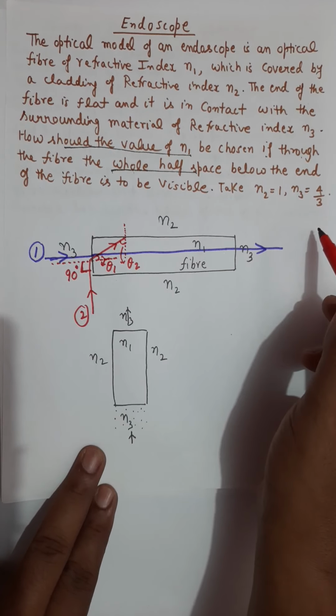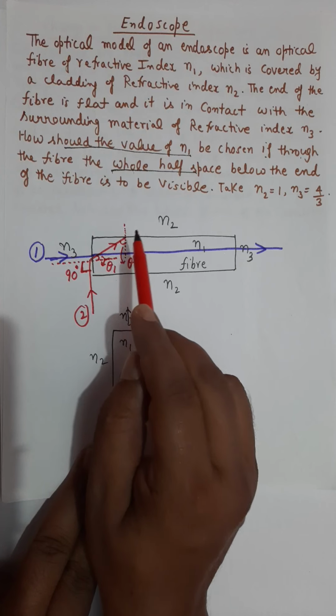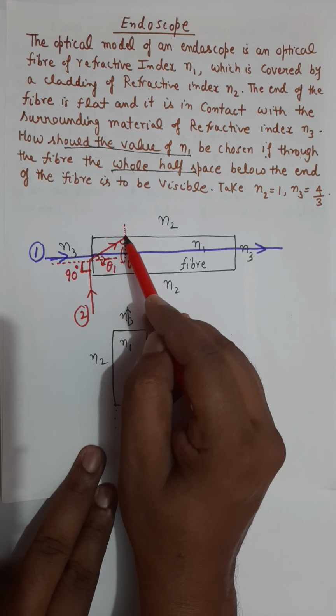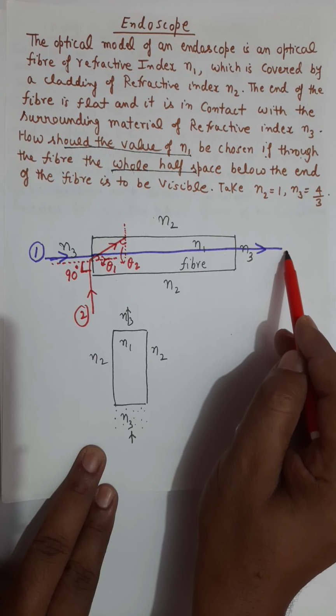To fulfill the condition given in the question, we must avoid refraction at this point, because if this ray is refracted into the other medium, nothing will be visible from this side.